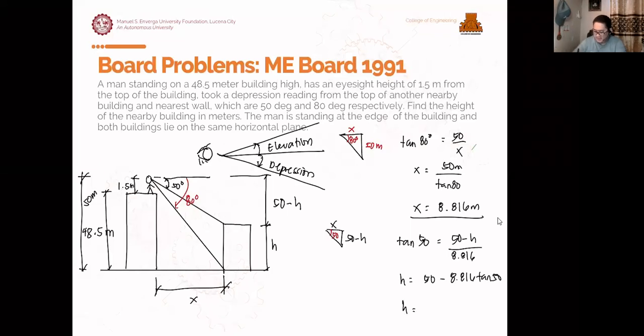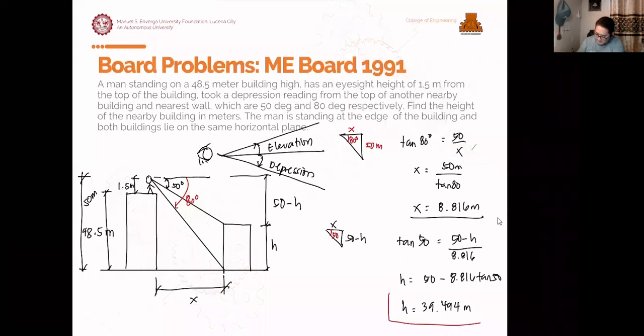So i-calculate nyo lang. So 50 minus 8.816 tangent of 50. Okay, make sure naka-degrees yung calculator nyo. So value of h is equals to 39.49. Okay, 49 meters.